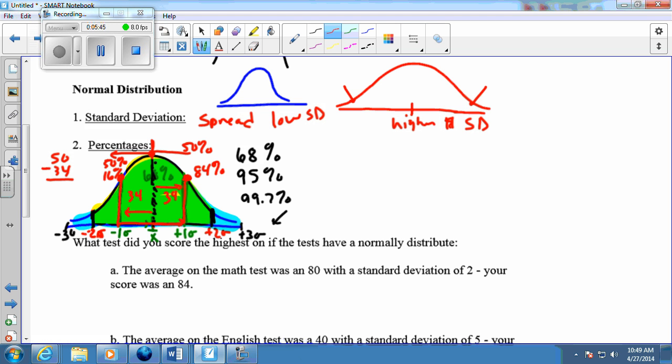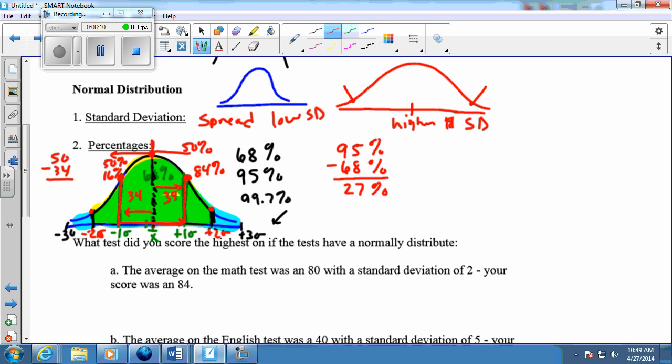So now if we want to take it the next step, what if I was 2 steps above or 2 steps below? Where would I be? Well, because everything is symmetric, I know that area is 95%. If I take off the 68%, if you subtract this, I end up with 27%.